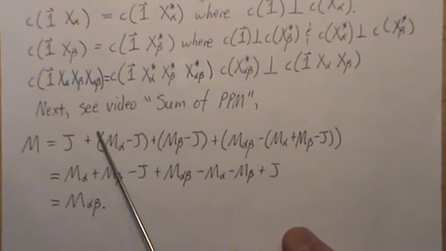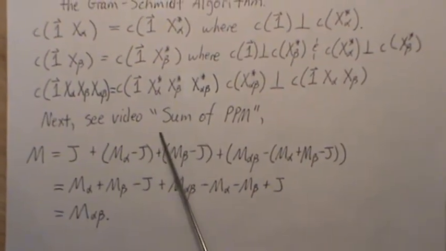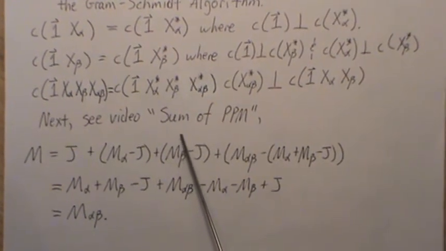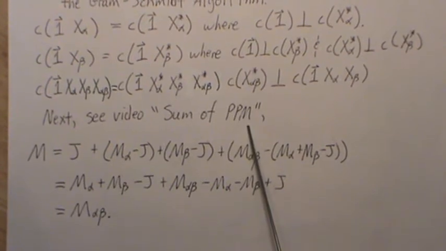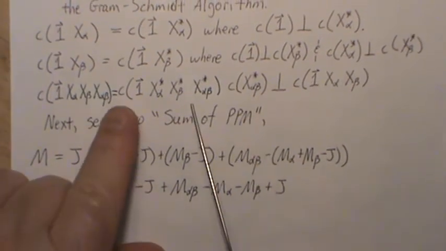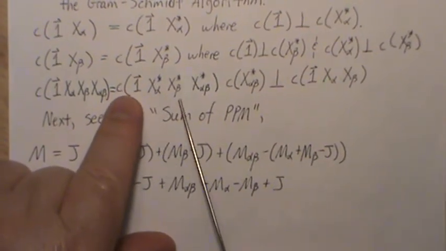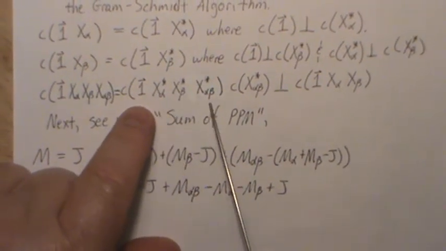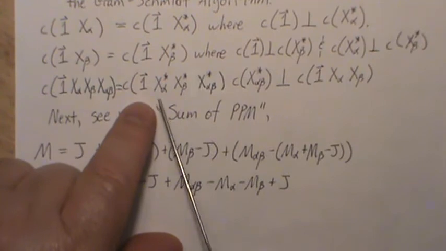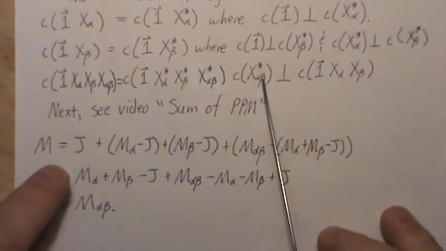Now next, I'm going to point you back to a video I have, I think in the matrix playlist, called Sum of Perpendicular Projection Matrices. If we have a column space and they're all orthogonal, then the perpendicular projection matrix onto that entire column space is the sum of the perpendicular projection matrices.